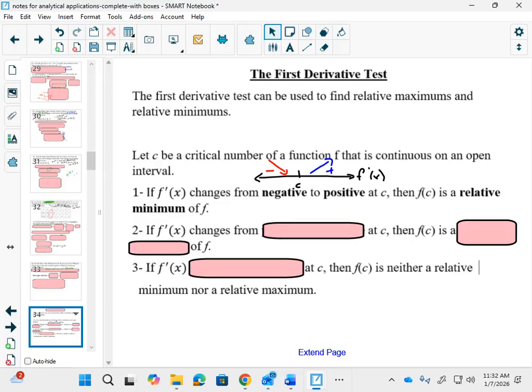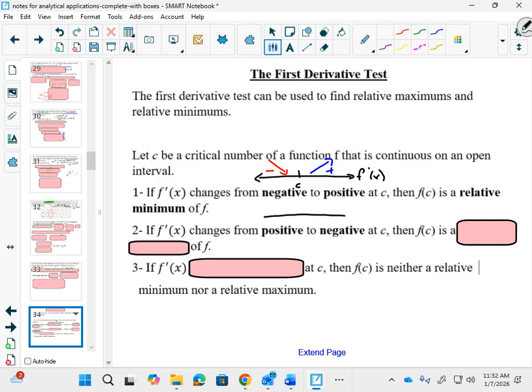And if we switched from positive to negative, so if I had that same sign diagram for f prime of x at some point C, and it was positive first and then negative afterwards. Well, negative means decreasing, positive means increasing. And the beautiful thing about making your sign diagram is it's very hard to screw up if it's going to be a minimum or a maximum.